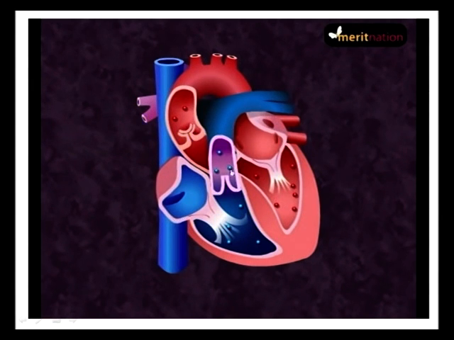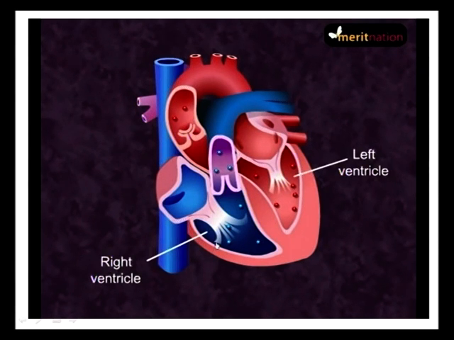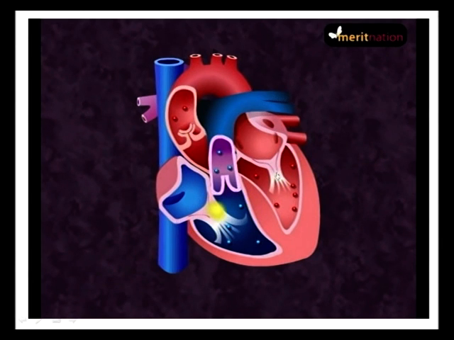By this action potential, the atria pump 30% of the blood to the ventricles, and the remaining 70% of the blood fills the ventricles before the atrial systole. This is the right ventricle, this is the left ventricle. Here both the valves are open.